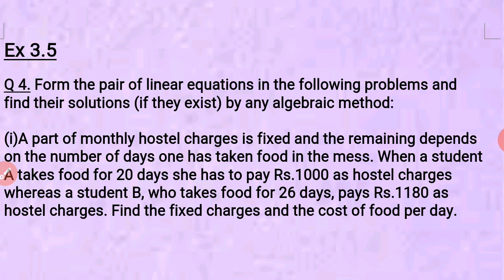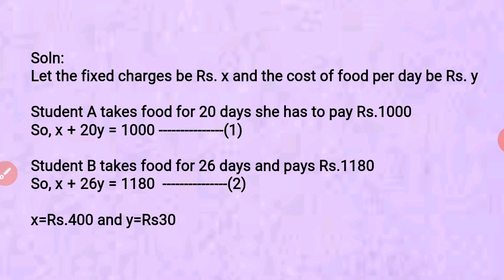Whereas a student B who takes food for 26 days pays rupees 1180 as hostel charges. Find the fixed charge and the cost of food per day. As usual children, we are going to consider this fixed charge to be rupees X and cost of food per day to be Y. This is what we have been doing for the taxi related question. One question we have done of library also, similar question they were.